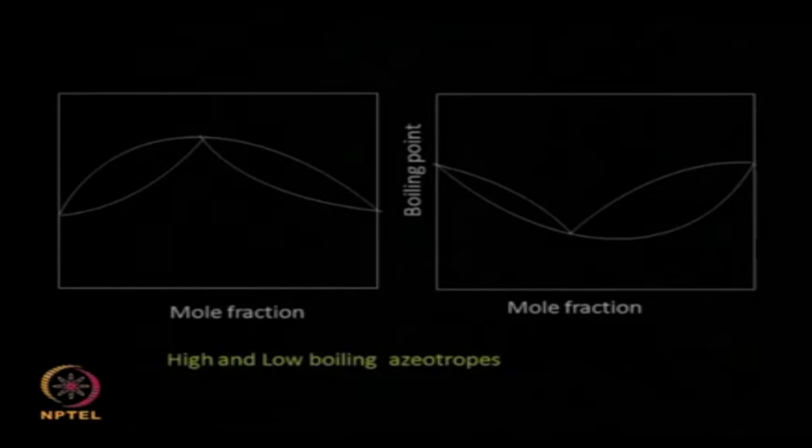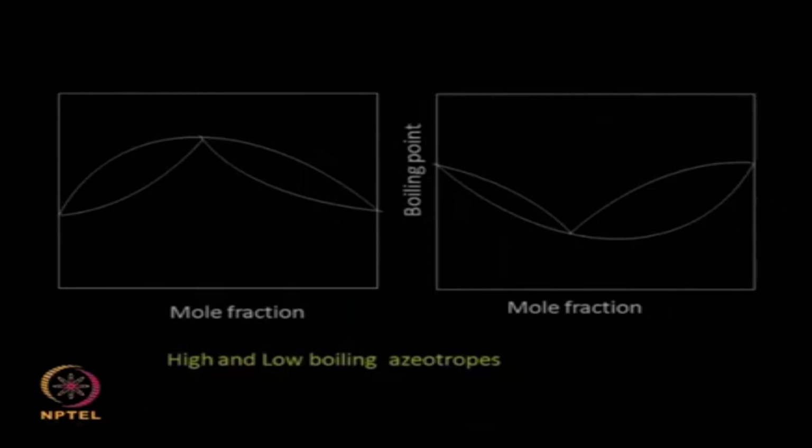Now the same figure you can have different types of combinations, you can have the vapor like this, whereas the liquid may be going like this. You may have the liquid like this, vapor may be going up like this. Okay. So if you look here, or if you look here, the concentrations in the vapor phase and in the liquid phase are the same.